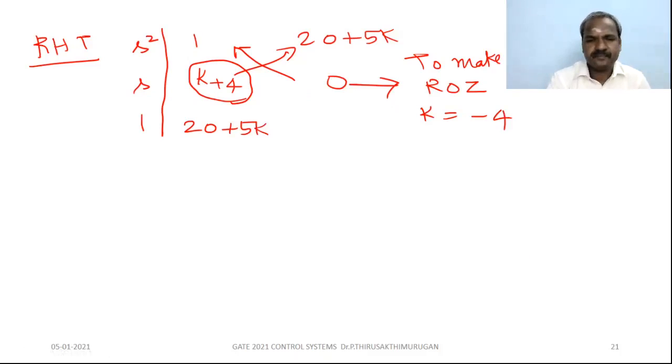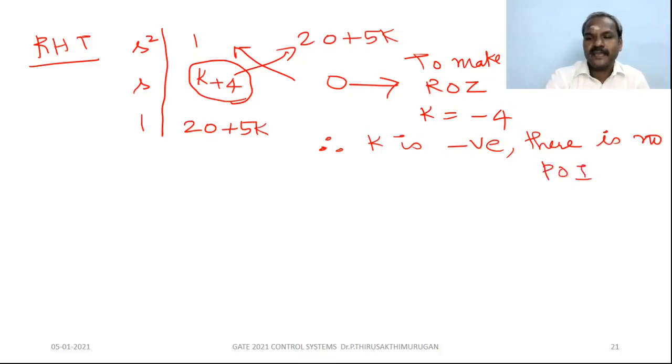So since k is negative, there is no point of intersection on the imaginary axis.